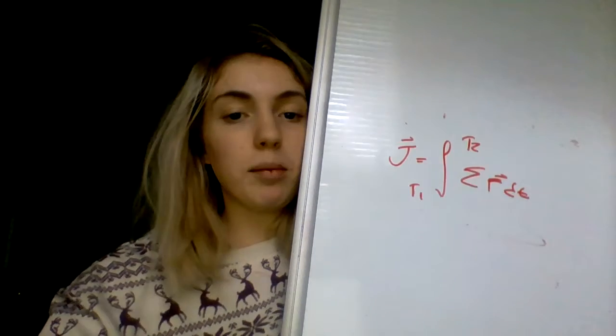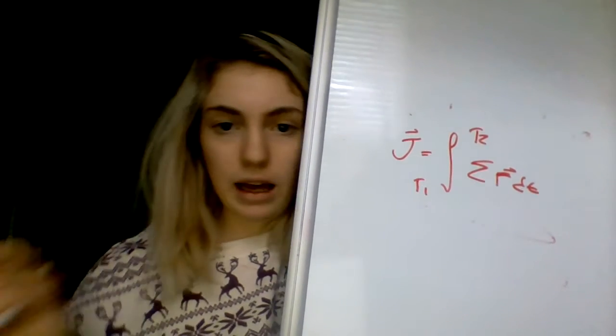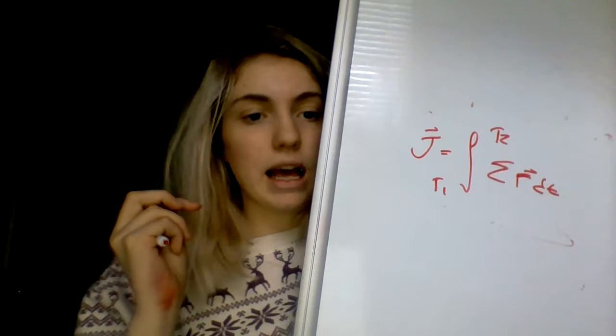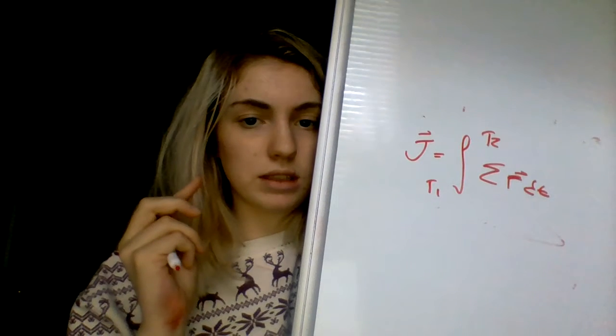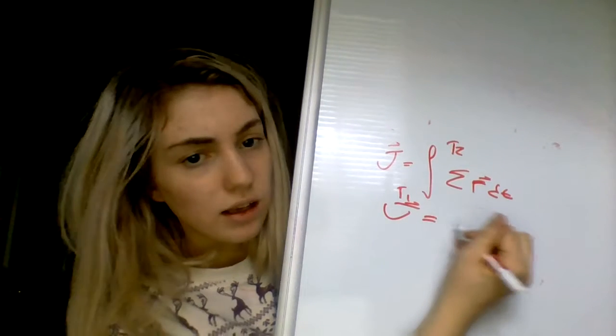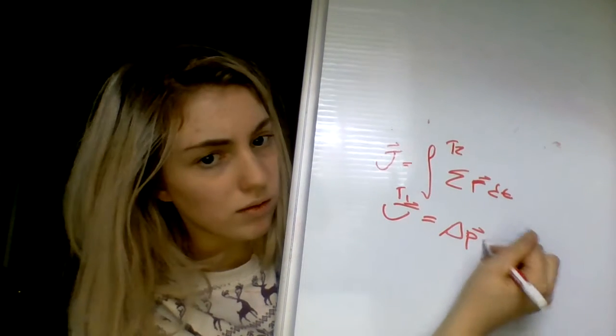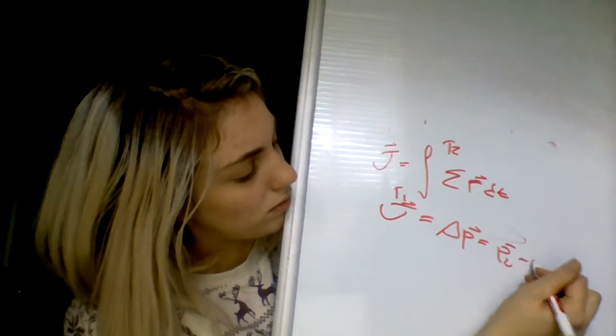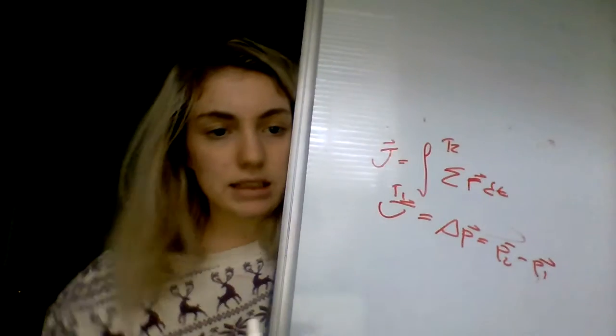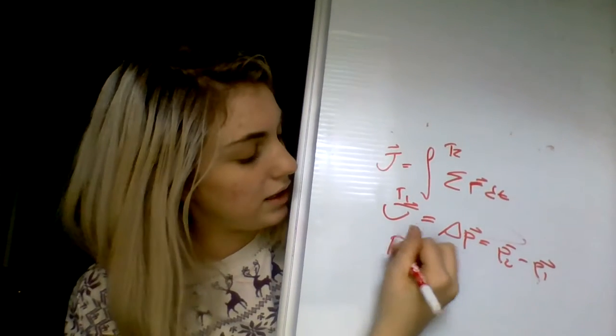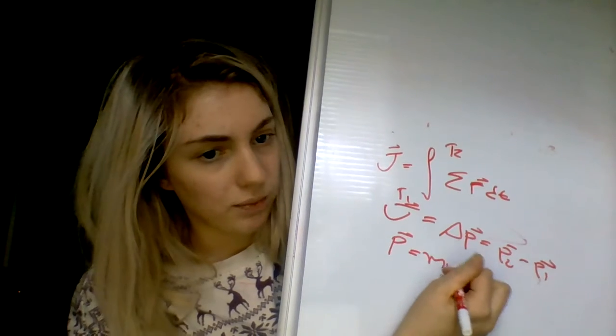According to the impulse-momentum theorem, the change in momentum during this time interval equals the impulse of the net force. So that means we have this, and we also know that momentum is given by this.